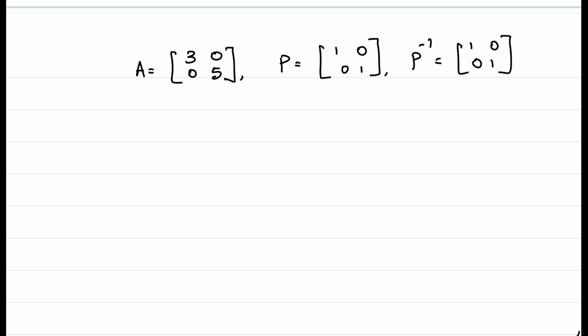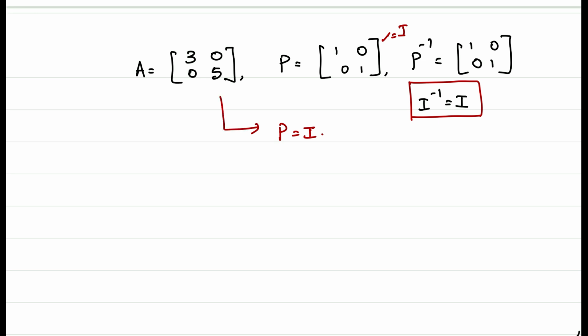Once you go through the process of eigenvectors and eigenvalues, we have found that P is equal to [1 0; 0 1] and P inverse is equal to [1 0; 0 1], because I inverse is equal to I. Please remember this also. Here it is nothing but I, so that P inverse is equal to P is equal to I. That's what we have got for this matrix.